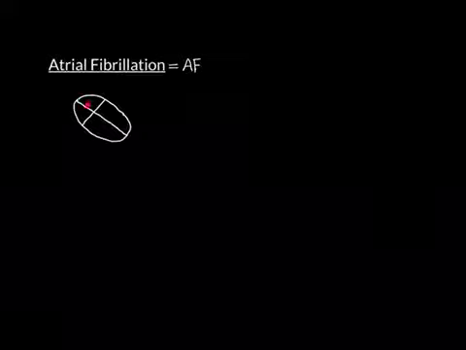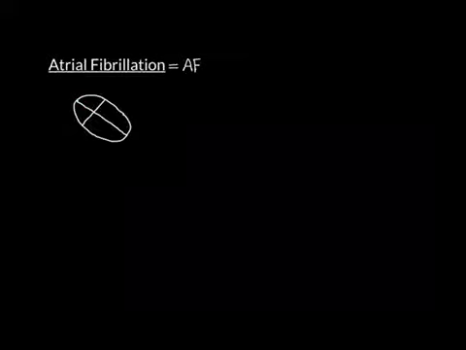And this abnormality of the conduction system leads to a breakdown of the ordered electrical activity that usually occurs in the atria, and instead the electrical activity goes completely haywire and the atria no longer contract properly. Instead they just shudder, and that's what fibrillation actually means. It just means shuddering.